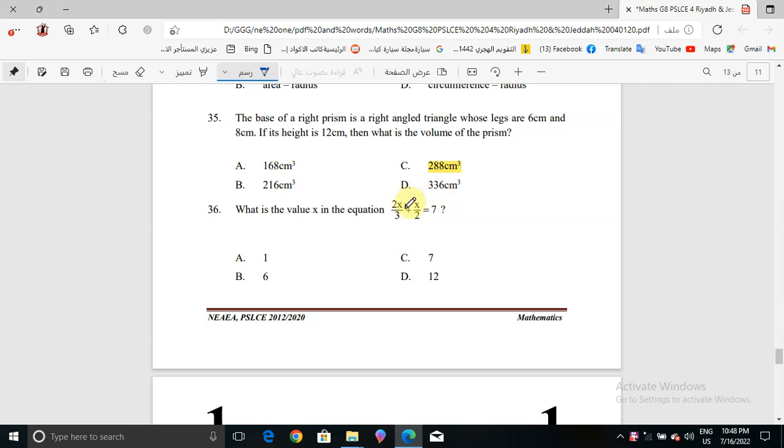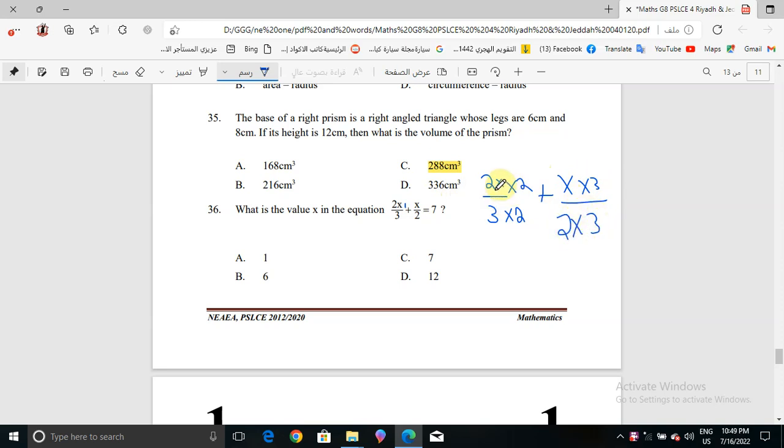So that means 2x times 2 over 3 times 2 also, because we need to find the same denominator. Then plus x over 2, that means x times 3 over 2 times 3.